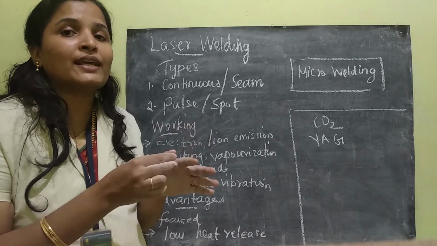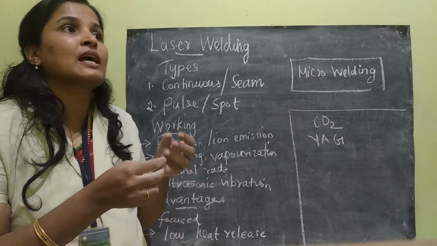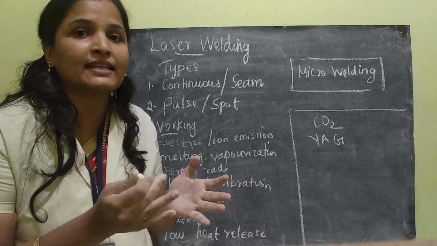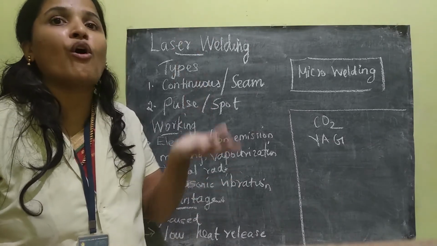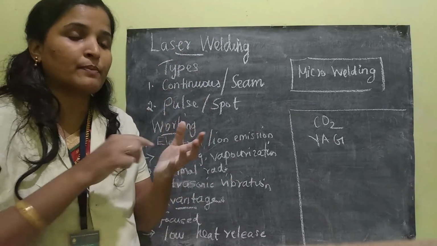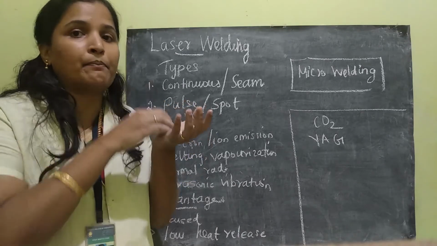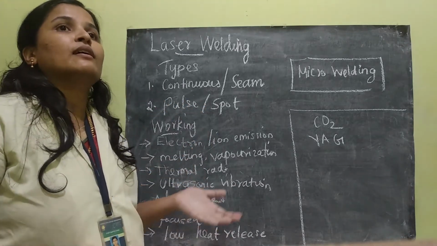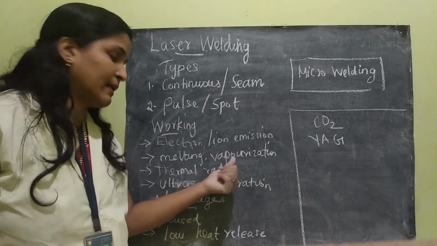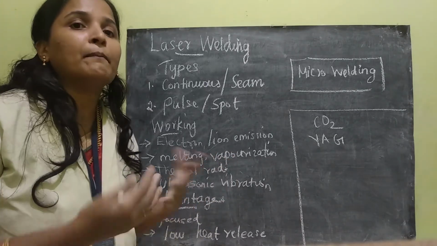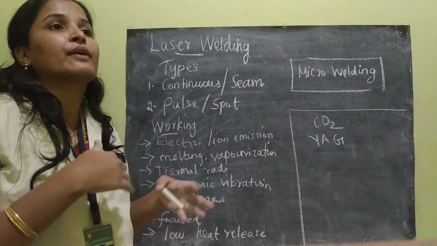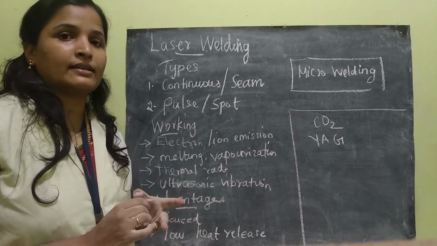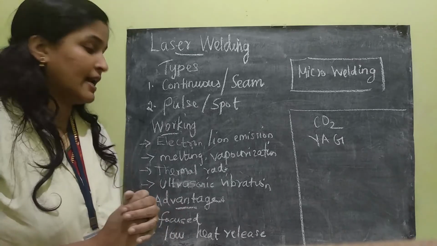During the melting process, some vaporization will also take place. Vaporization means evaporation of droplets that are present in the molten part. Once the vaporization takes place, some thermal radiation takes place.